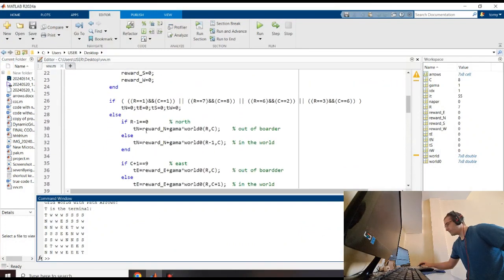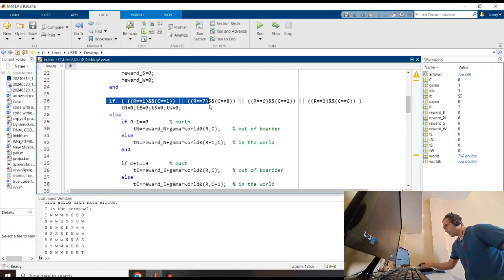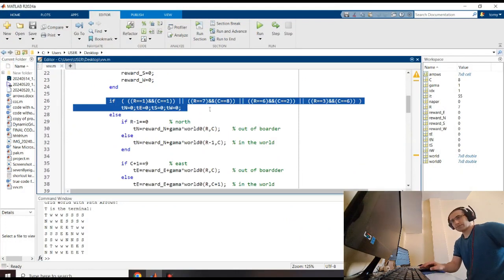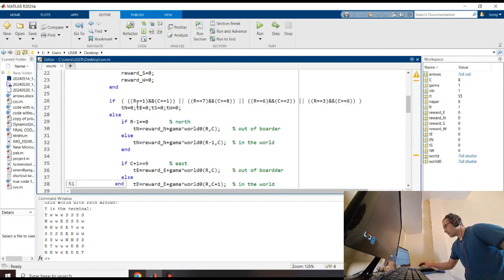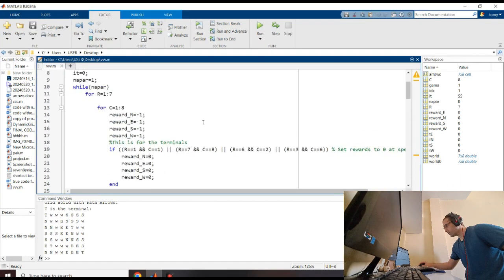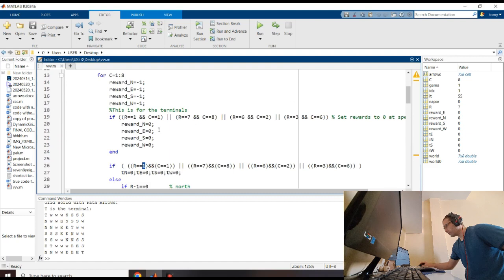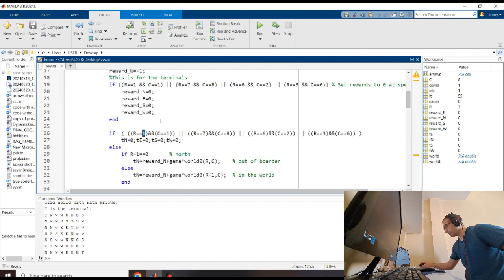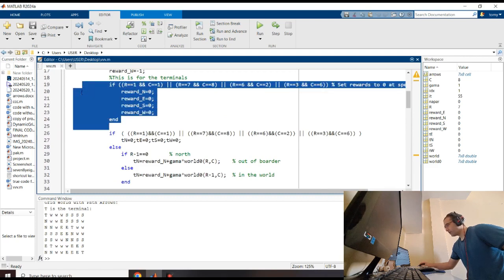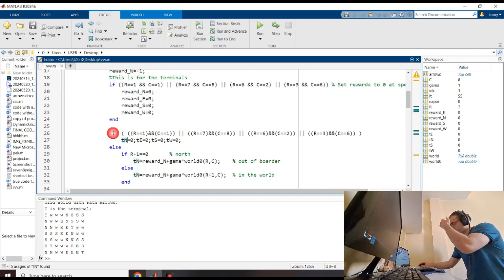Where were we? I think we were here. We already removed some of the code here. It was just a copy of this, I think.